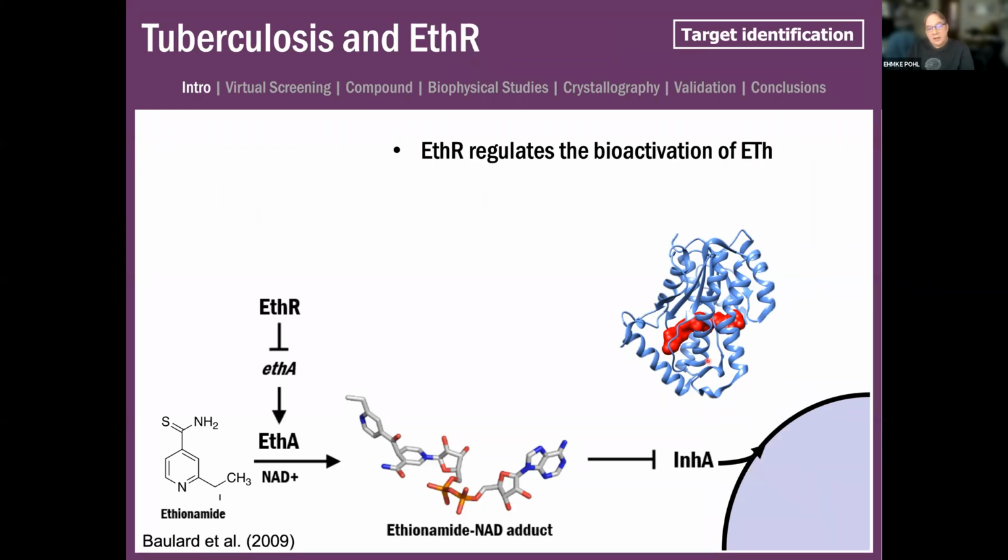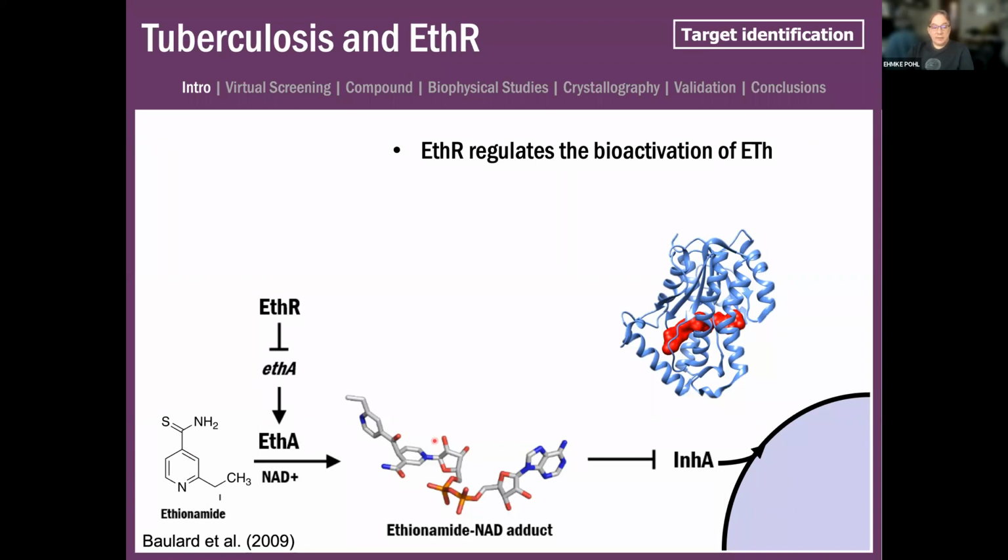And the target that we have been looking at is called ETHR, which is the transcriptional regulator that regulates the bioactivation of ETH, the enzyme ETHA, the enzyme that is converting the drug into its active form.